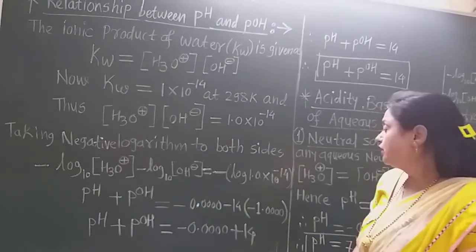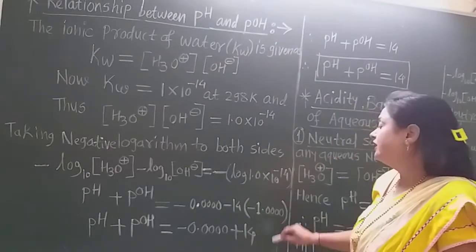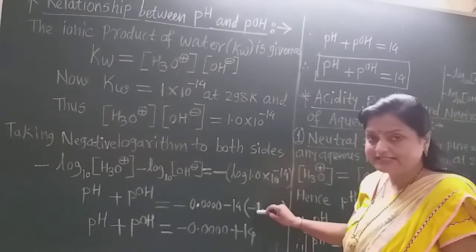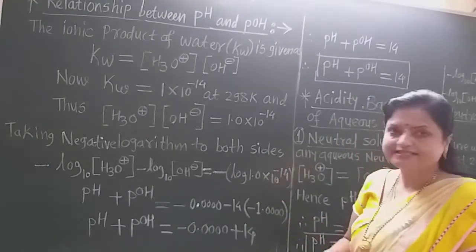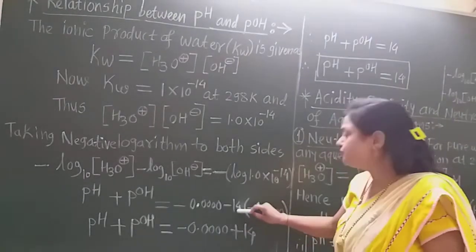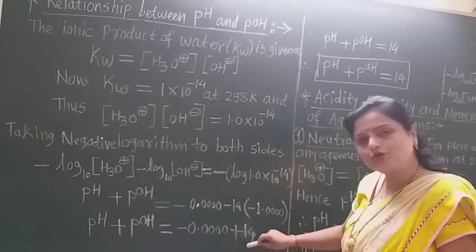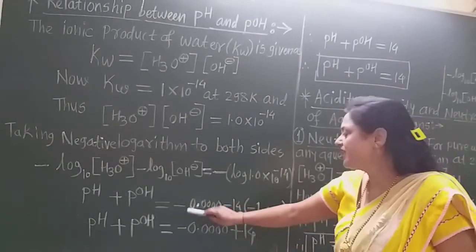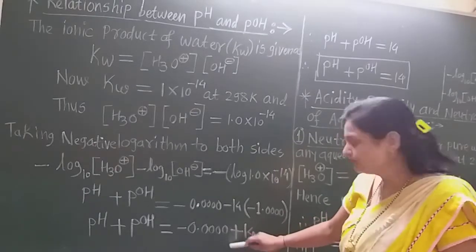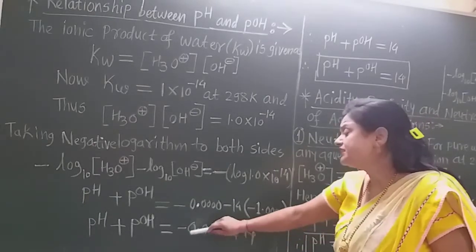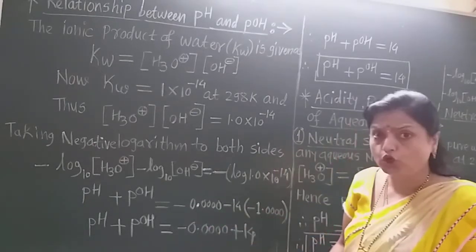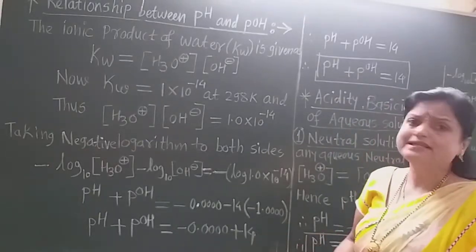Remember that. Now this minus 14 into this minus 1, because there is a bracket between these two, so there is multiplication. So minus 14 into minus 1 is equal to plus 14. And this minus 0.00 stays as it is. If we subtract this minus 0 from 14, it remains 14.